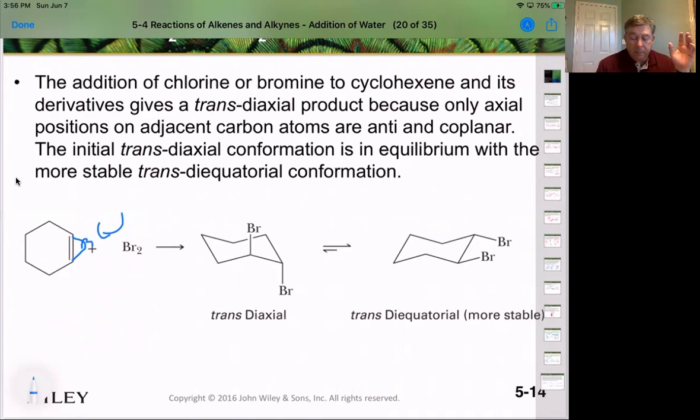And when we make that isomer, as it forms, it originally forms as this trans diaxial. But as we know, whenever we have things on cyclohexanes, whenever possible, we want the two biggest groups to be equatorial. Okay, so it's going to flip a little bit, they're still going to be trans, but they're going to try to both be equatorial. Okay, so whenever we brominate a cycloalkene, we will typically end up with a trans diequatorial product.